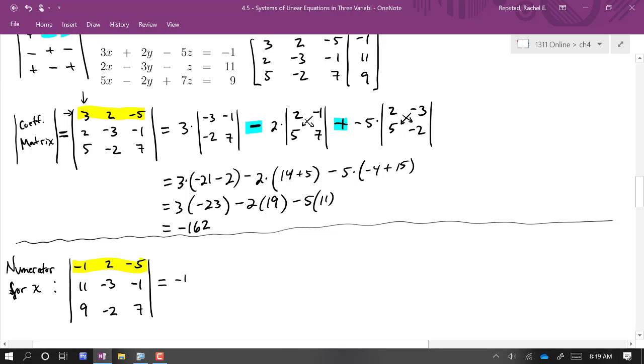So I've got -1 times the 2 by 2 of -3, -1, -2, 7, and then minus 2 times 11, -1, 9, 7, plus -5 times 11, -3, 9, -2.